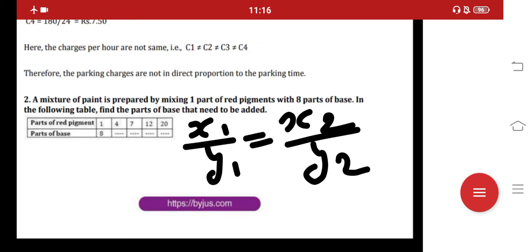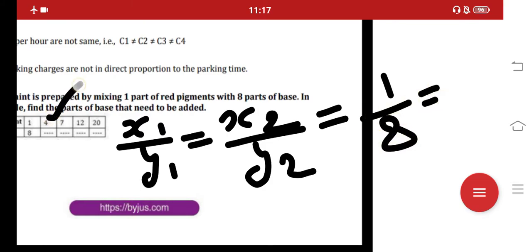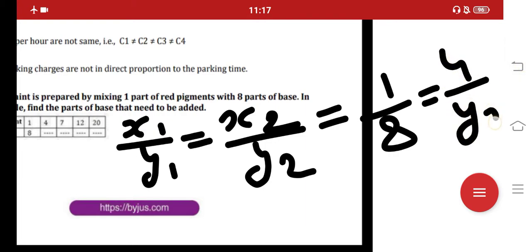Now here see, what is x1? Here x1 is 1, and what is y1? y1 is 8, equal to, what is x2? See here, x2 is 4, so we will write 4. And y2 is how much? We don't know y2. See here, y2 is a dash, so we will write y2. Now cross multiply all the terms. y2 times 1 gives y2, and 8 fours are 32.